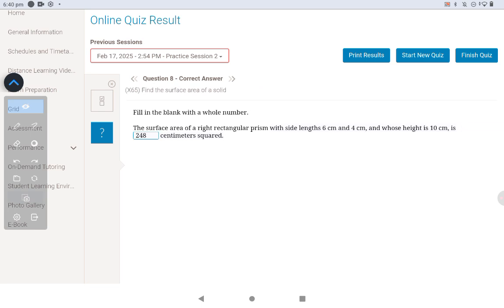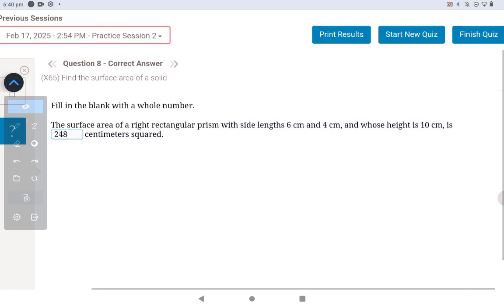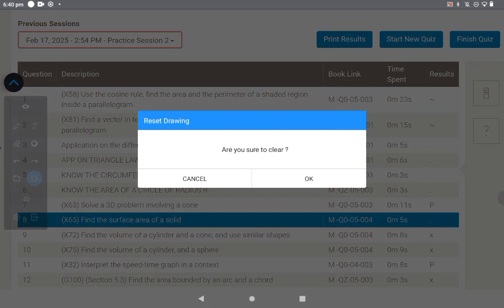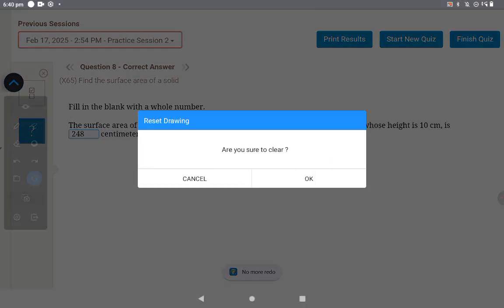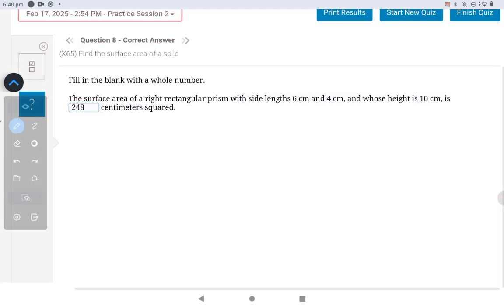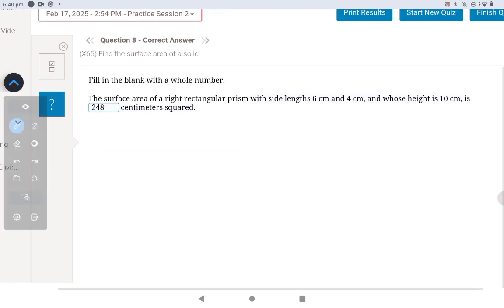This one. Surface area of a right rectangular prism with side lengths 6 centimeter and 4 centimeter, and height 10 centimeter. A right rectangular prism, so I'm going to draw it over here. A rectangular prism will look like this.